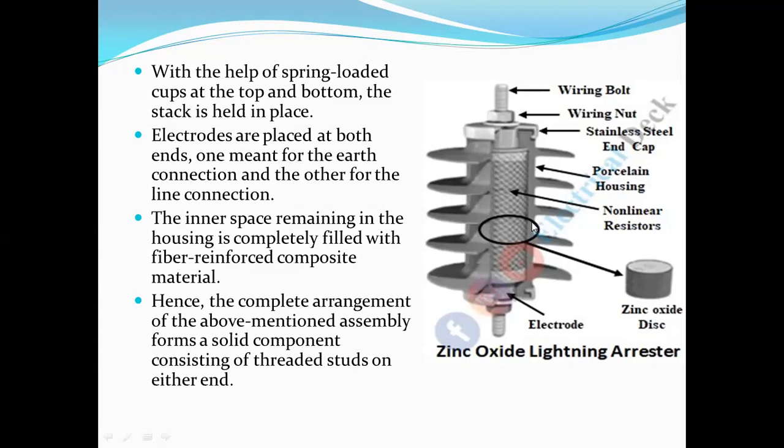With the help of spring loaded cups at the top and bottom, the stack is held in place. Considering the top and bottom surfaces, these caps are there as a cover, or for packing the two sides.